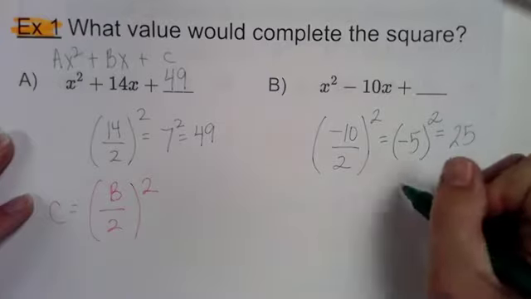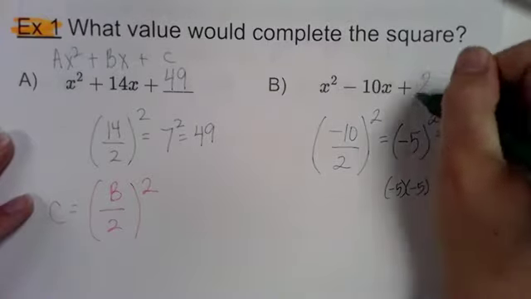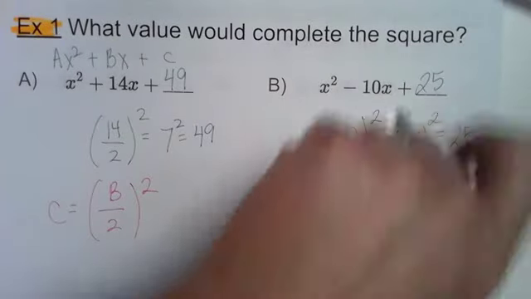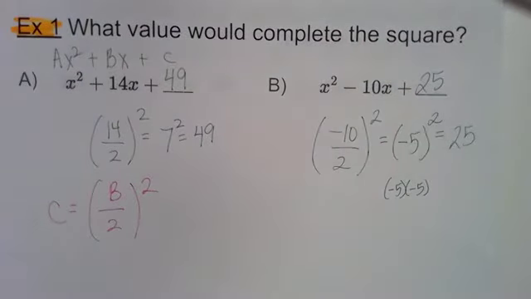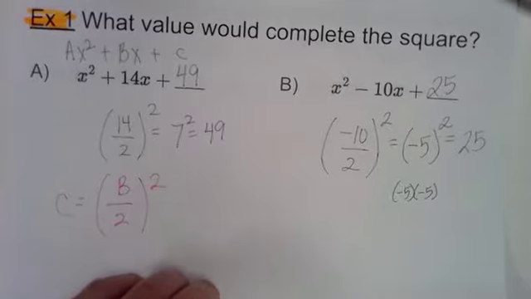Positive 25. Remember, this is negative 5 times negative 5. We should always, always, always get a positive number. Really important. Okay? Keep that in mind. That's pretty easy to do, right? Not hard at all. All right, let's see what we do with it.